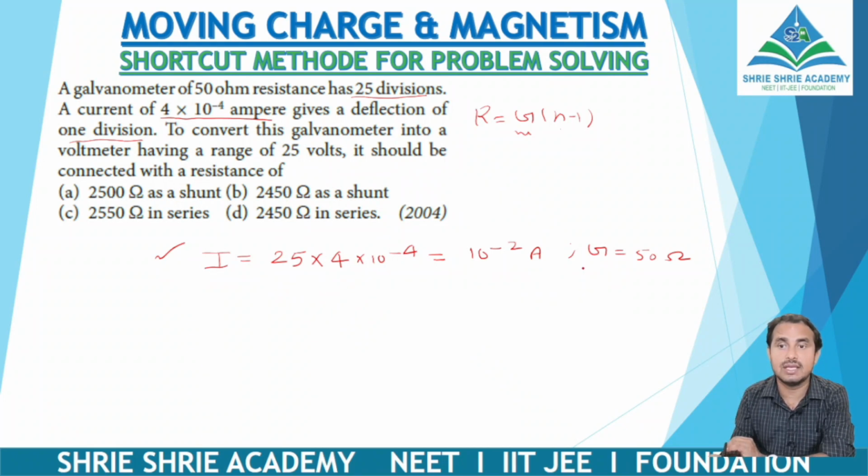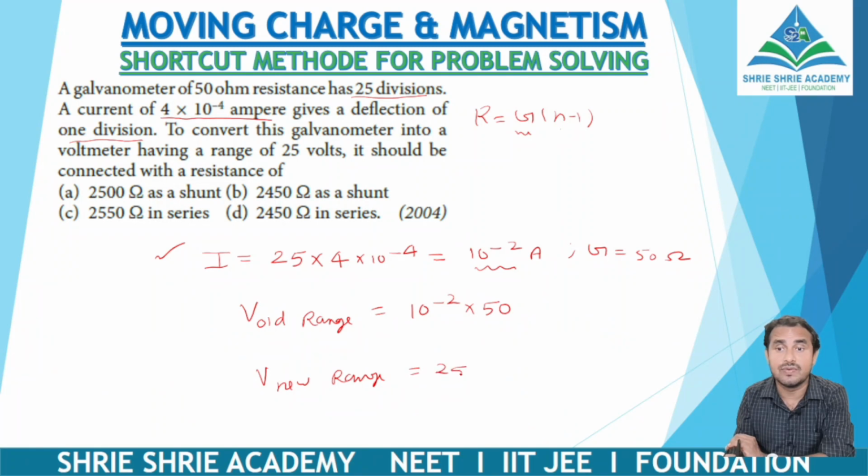Here you have been given the current, not the voltage. So the old range of voltage is current into resistance. Current is 10 to the power minus 2, resistance is 50, and the new range voltage is given as 25 volt.